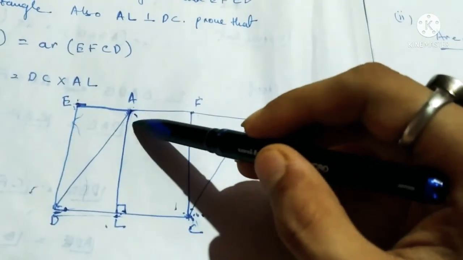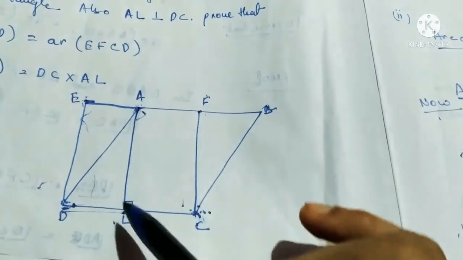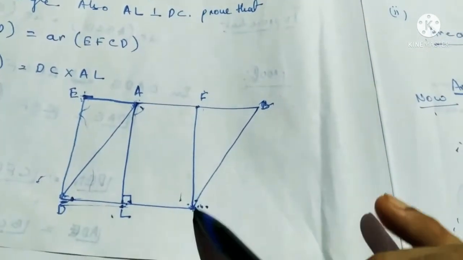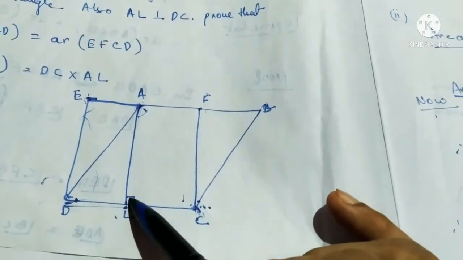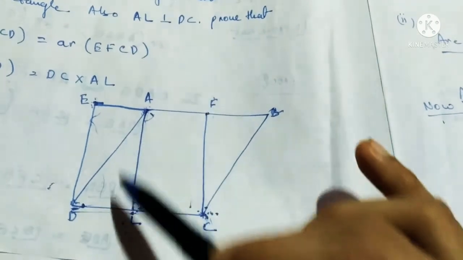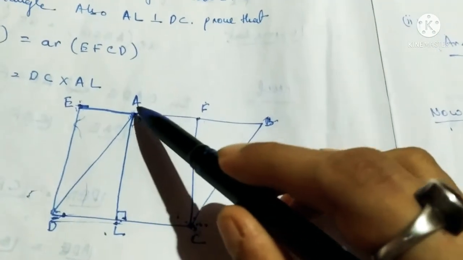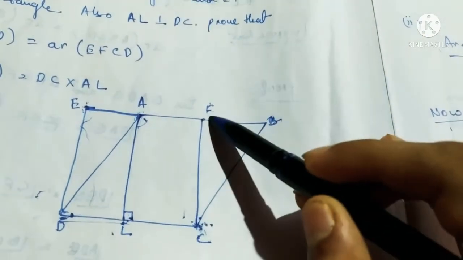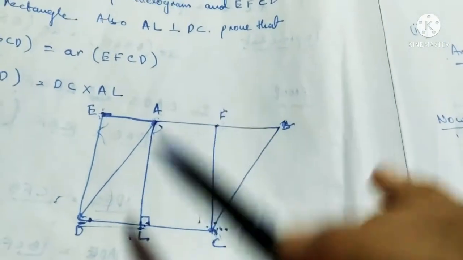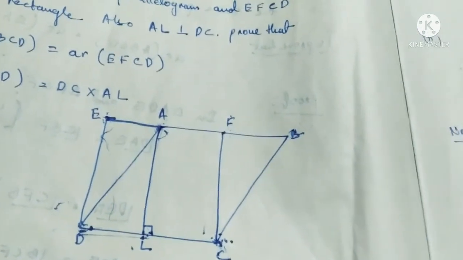From there this angle I will get 90 degree. So in this quadrilateral ALCF, this angle, this angle, this angle, they are all 90 degree. So therefore I can consider that ALCF is a rectangle. Understand? ALCF is a rectangle.